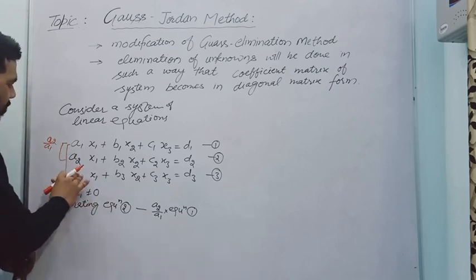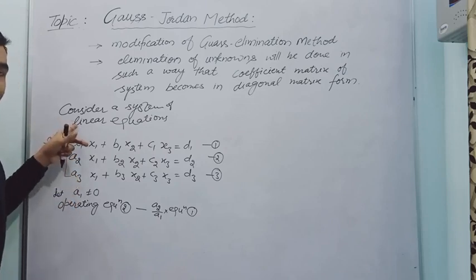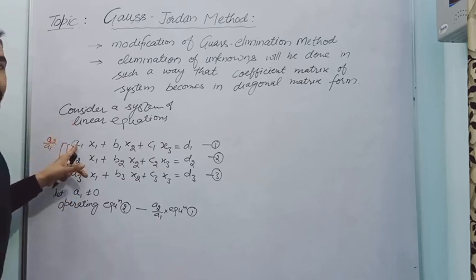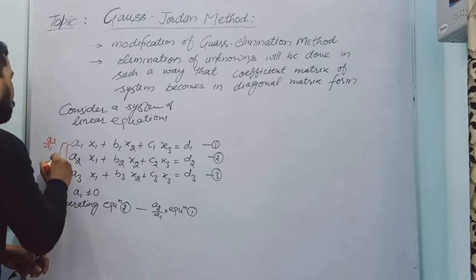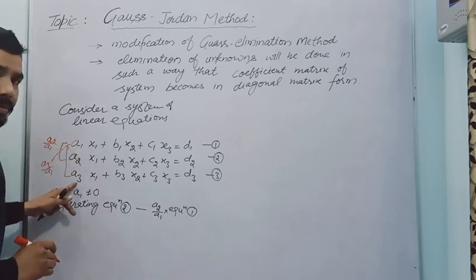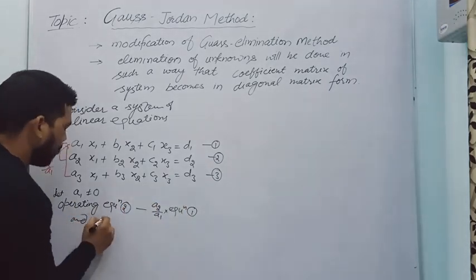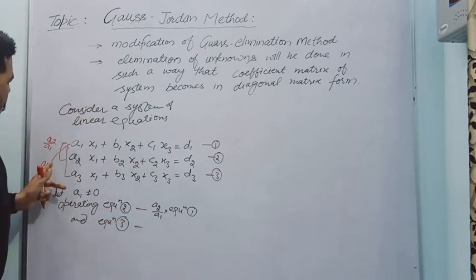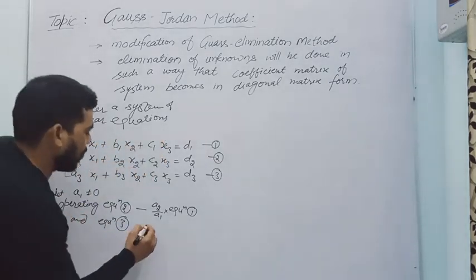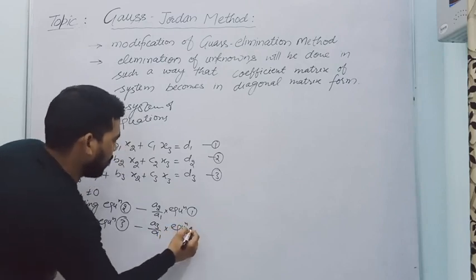When I have to eliminate x1 from the third equation, what do I have to do? What will I multiply by? We divide by a1 and multiply by a3, so we multiply the first equation by a3 by a1 and subtract it from the third. So we are also doing the operation: equation number 3 minus a3 by a1 into equation number 1.